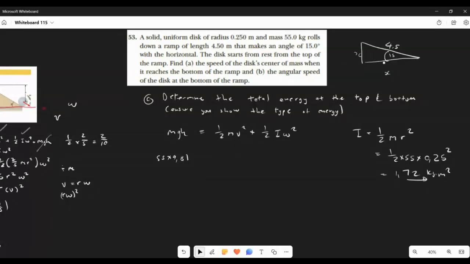And that looks like a cos theta, cos 15. So yeah, looks like sine to me. Sine 15 degrees equals x divided by 4.5. And we get x is equal to 1.165.